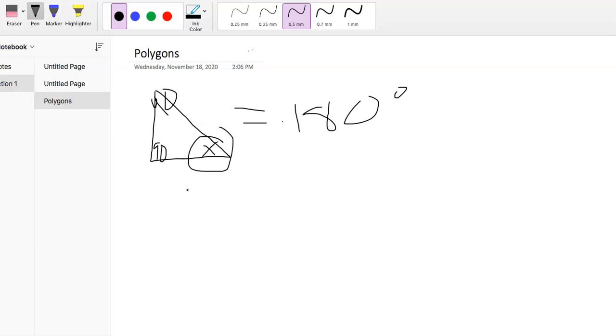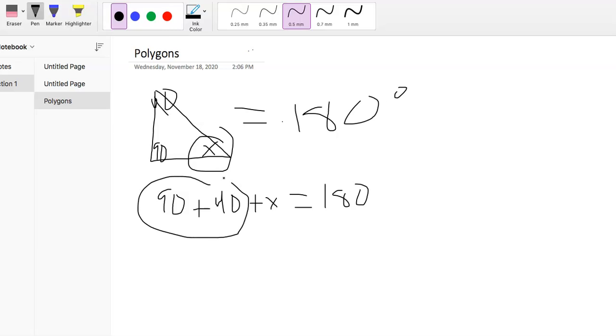Okay, so if you're doing something like that, then all you're looking at is, well, I've got 90 plus 40, and plus X equals 180. These two right here, 90 plus 40 is 130, right?